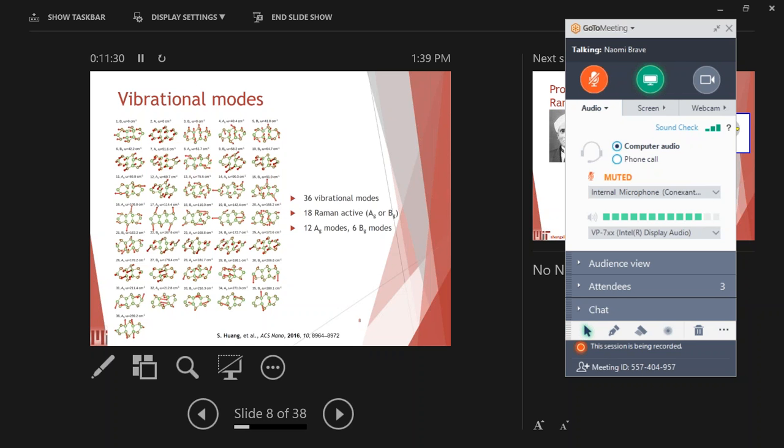Raman spectroscopy is potentially a very convenient tool because it is non-destructive and very fast. In order to study Raman, we need to know how many vibrational modes there are, and we need to know the symmetries of these vibrational modes, because different symmetries can give us different anisotropy of the Raman modes. I will talk about this in detail later.